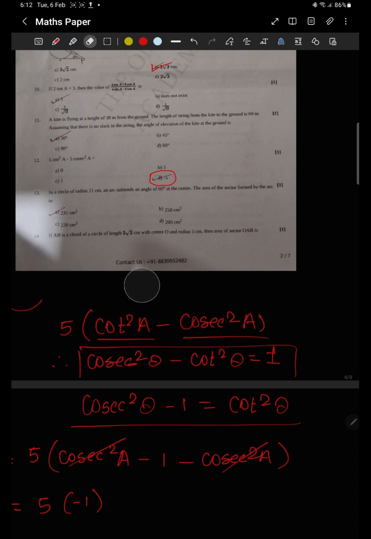Okay, so we will move towards the next question. Question number 13. First of all, always make a habit of drawing a diagram first.